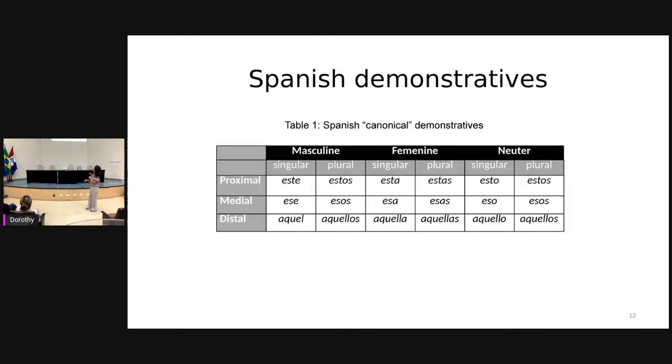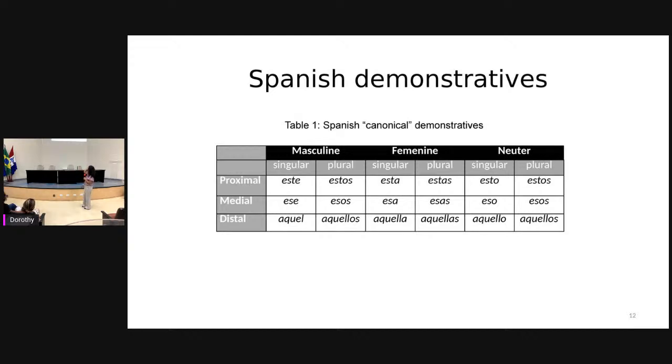So now, just a quick review or a reminder of how the paradigm of canonical Spanish looked. Most of it is a three-way distinction in terms of distance, and also three types of gender, masculine, feminine, and neuter, and there's a singular or plural form for each.